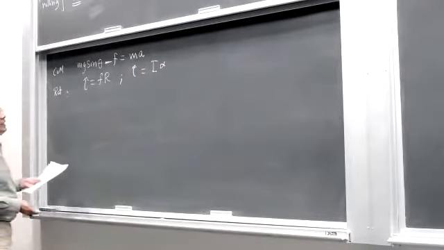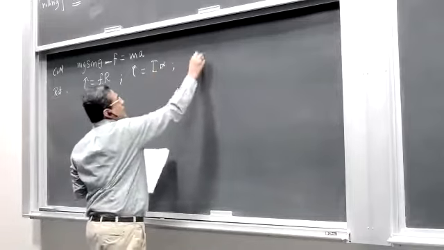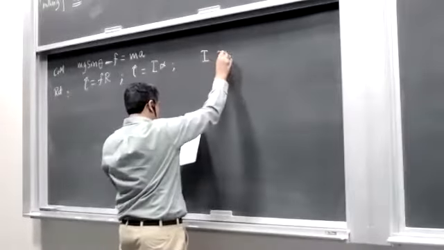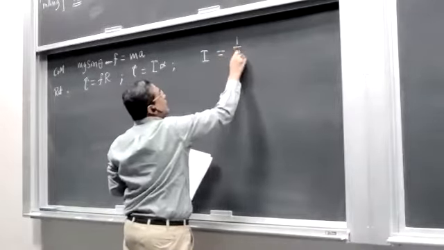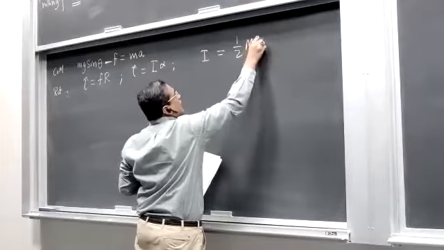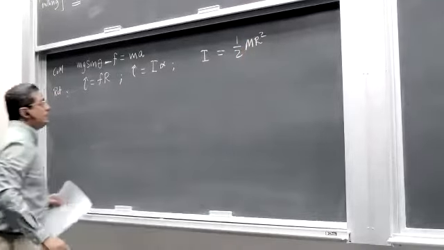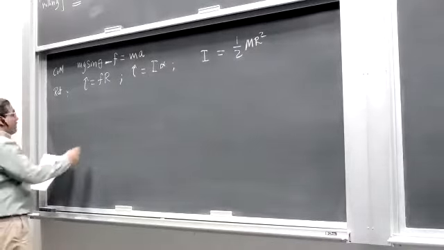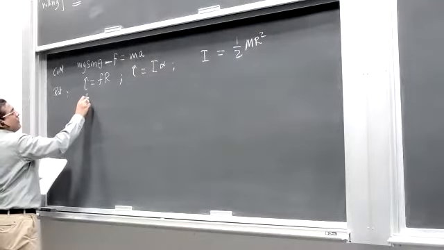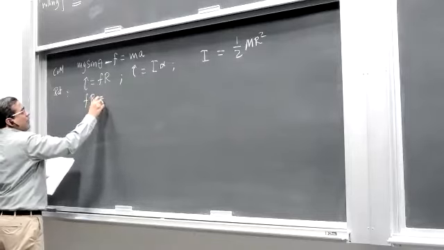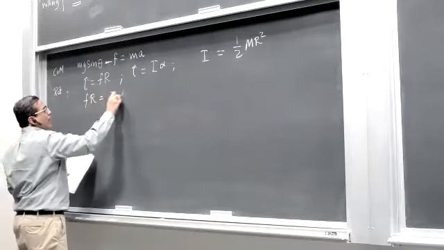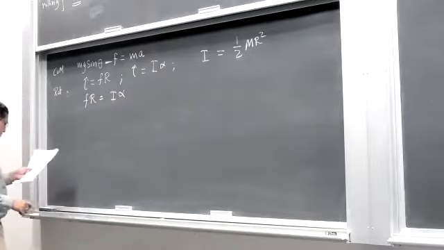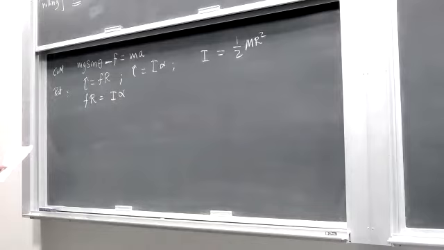We also know that I for a cylinder is half mr squared. So from here we can equate the two torques, Fr equals I alpha, and now introduce the value of I.